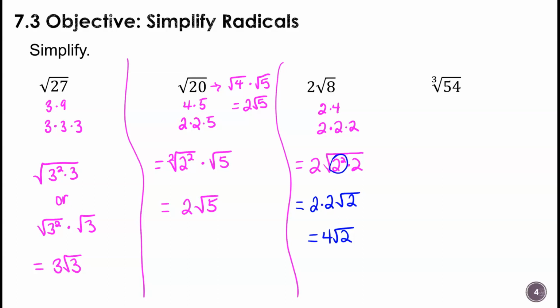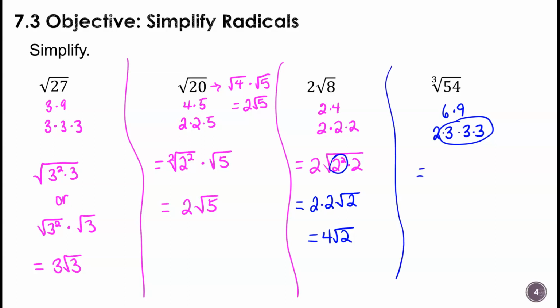Now this next one is a cube root. I'm going to factor 54 so that I can find something to the third power, or a power divisible by 3. 54 is 6 times 9. And 6 is 2 times 3, and 9 is 3 times 3. So you see we have this group of 3. That means I have found my root. The root that comes out will be the 3.